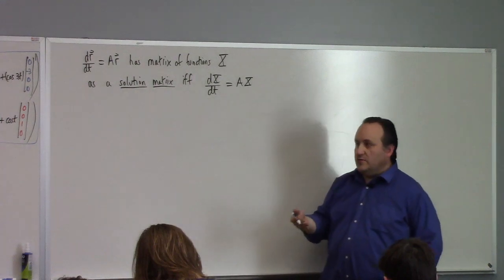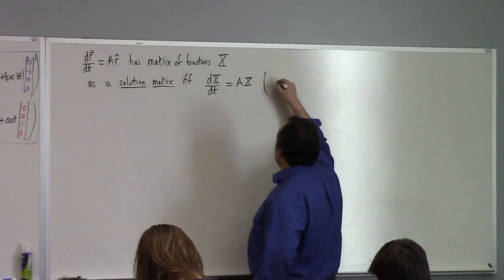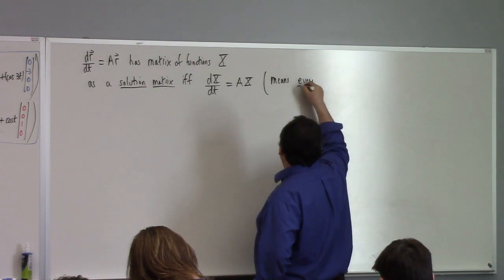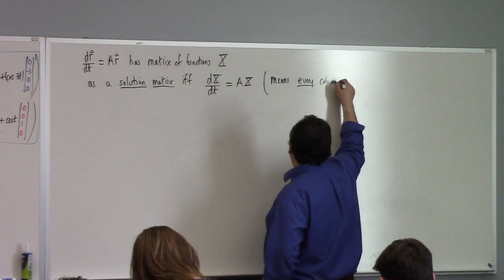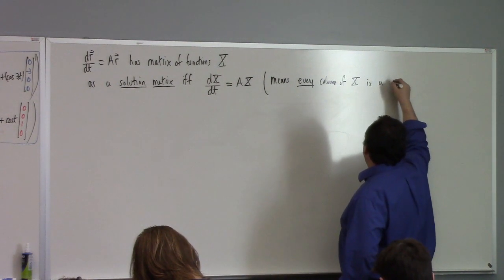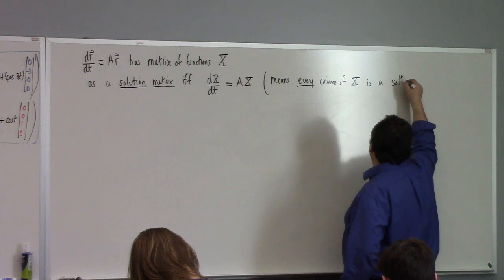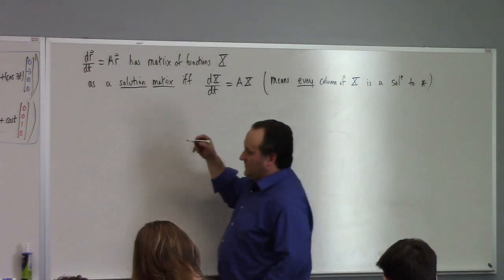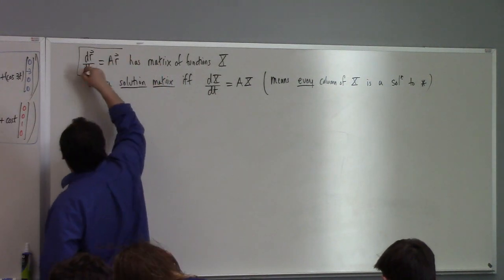The other day, we showed that this means every column of X is a solution to star. I'm going to call this thing star because I'm tired of writing it.